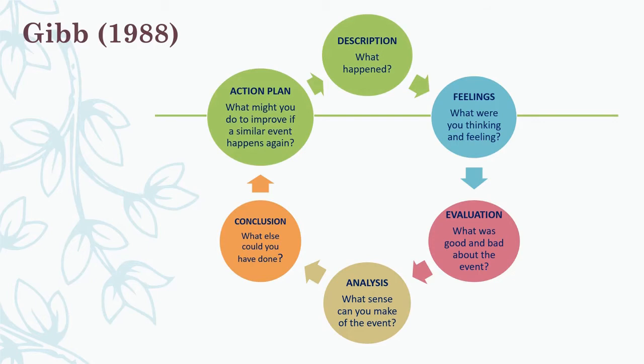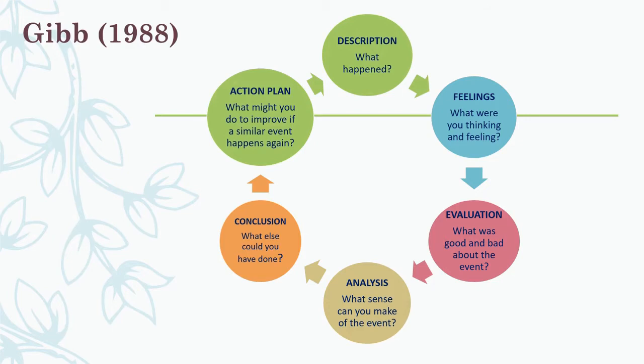As we move to the fourth stage called analysis, we may want to answer the question, what sense can we make of the event in relation to any specific framework or theory. Then, as we move to developing our conclusion, we may want to answer the question, what else could we have done?